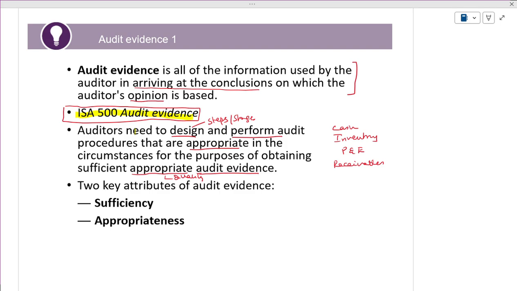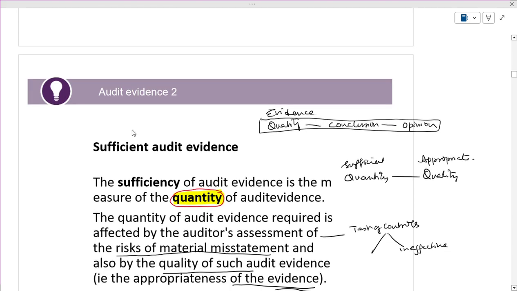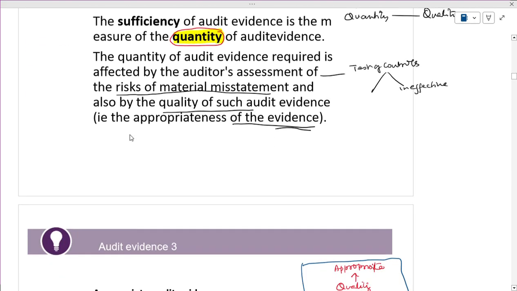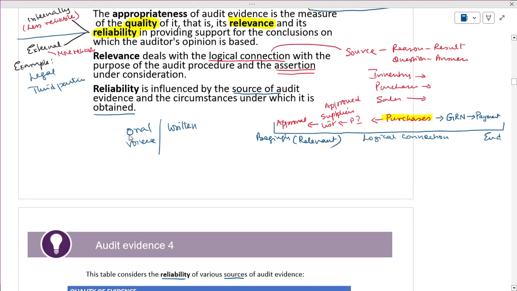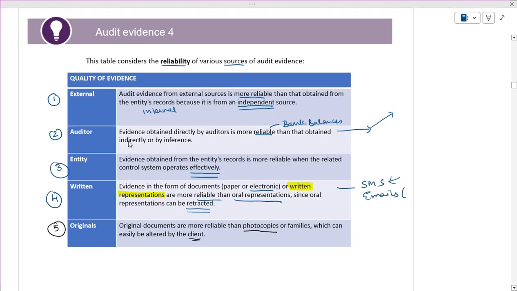You need to design and perform all procedures appropriately in the circumstances for obtaining sufficient and appropriate evidence. I told you what sufficiency and appropriateness are: one is quantity and one is quality. Quality means reliable and relevant. Reliability comes from internal and external sources.